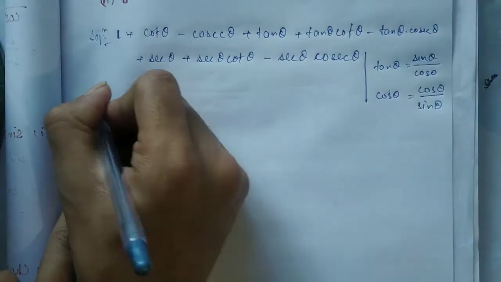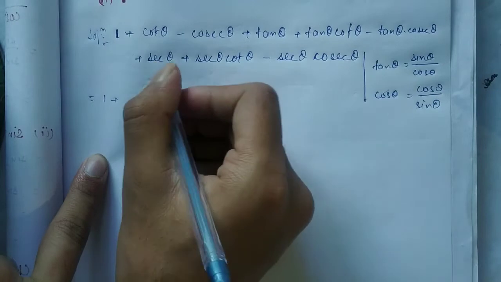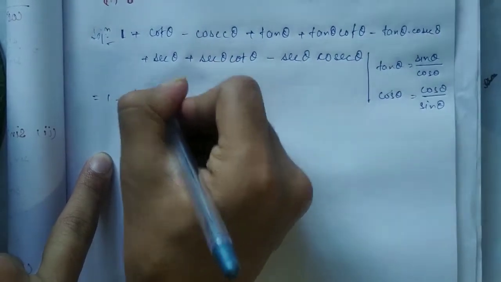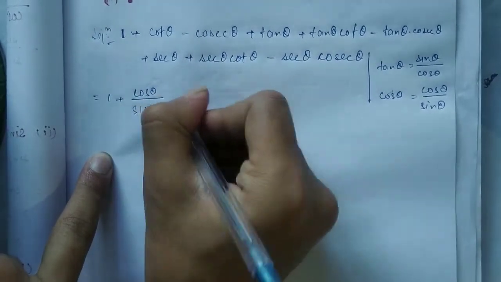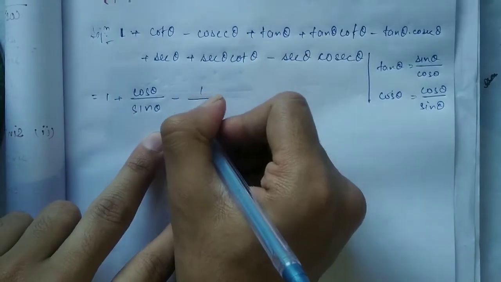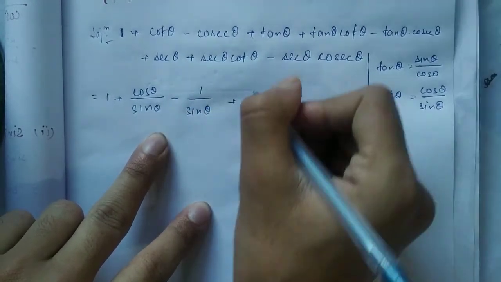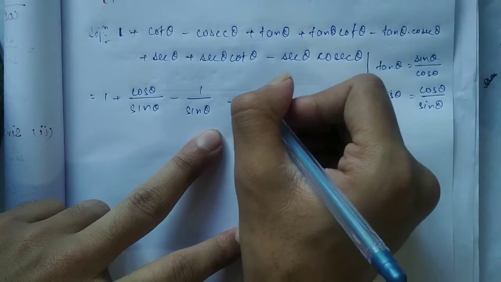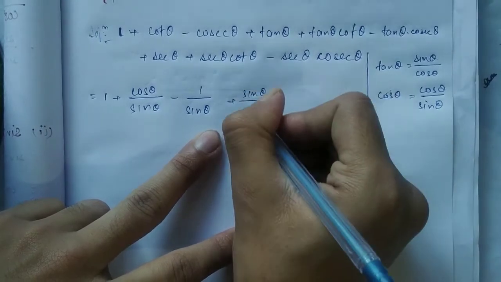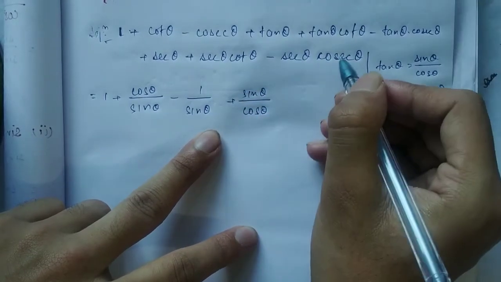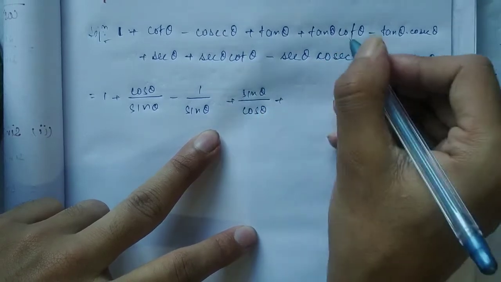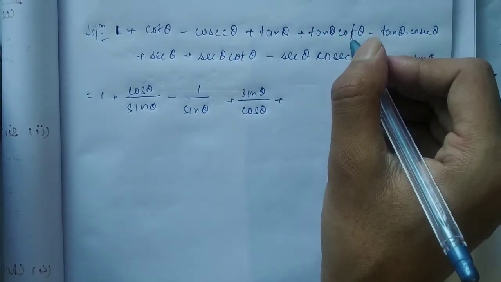So we convert that. Now in place of cot theta we write cos theta by sin theta, and cosec theta we write 1 by sin theta, plus tan theta, in place of tan theta we write sin theta by cos theta.